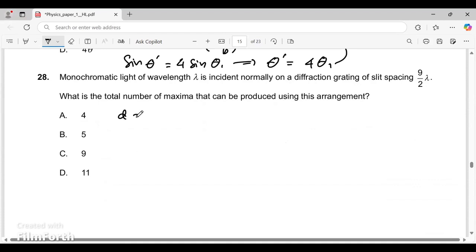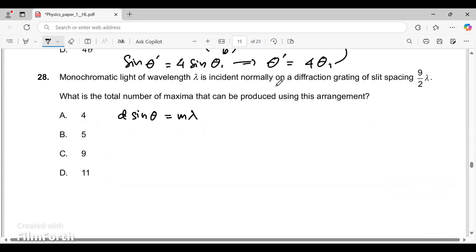The formula is d sine theta equals m times lambda. d is the slit spacing, theta is the diffraction angle, m is the diffraction order, and lambda is the wavelength.